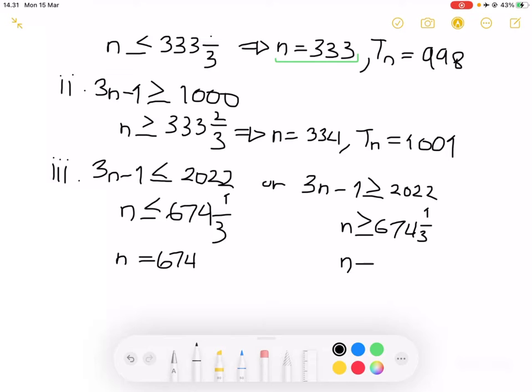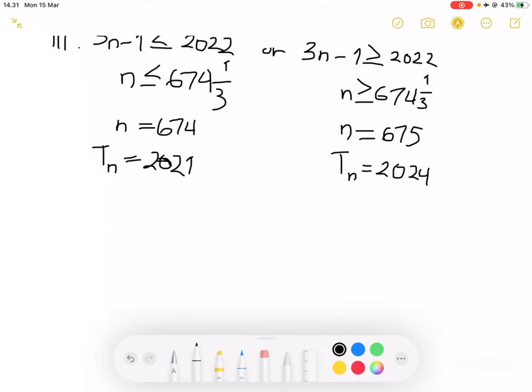The smallest integer solution for this inequality will be 675. And substituting the value of n into the formula for the nth term of the sequence, for this case you'll get 2021, and for the second case you'll get 2024.